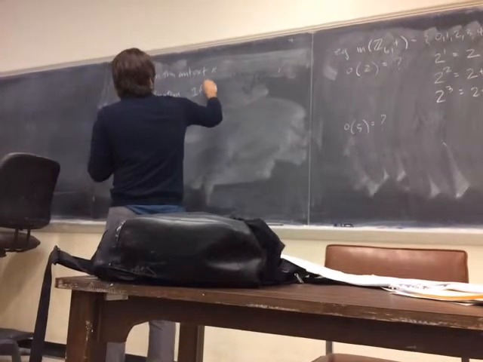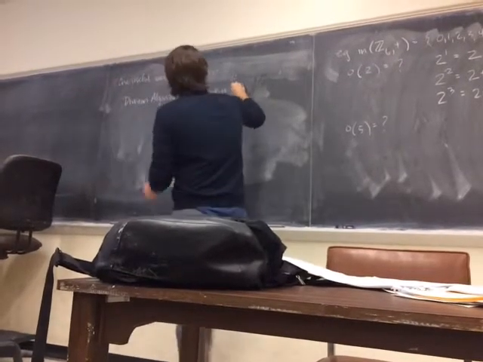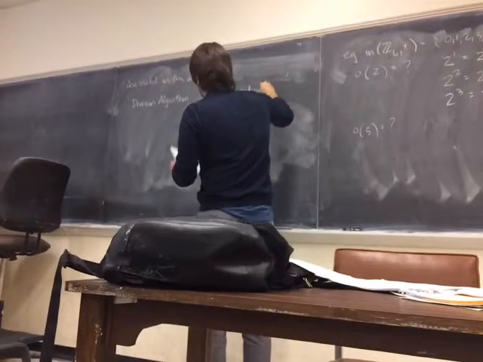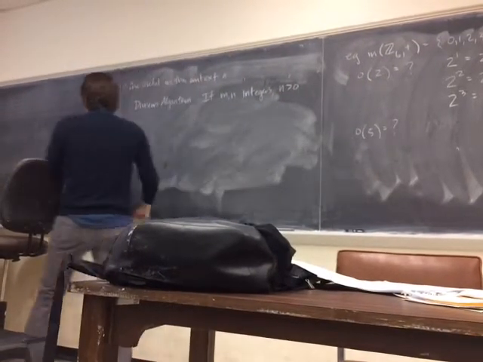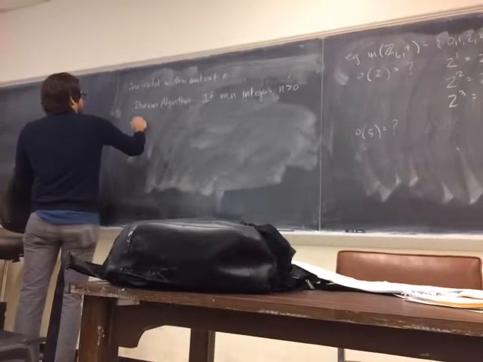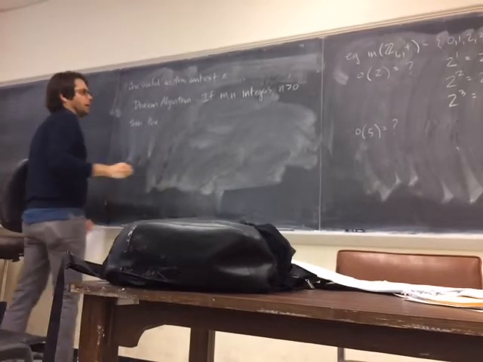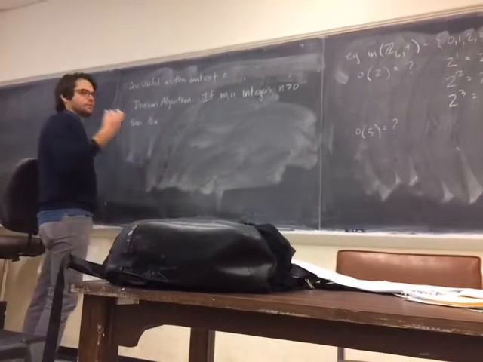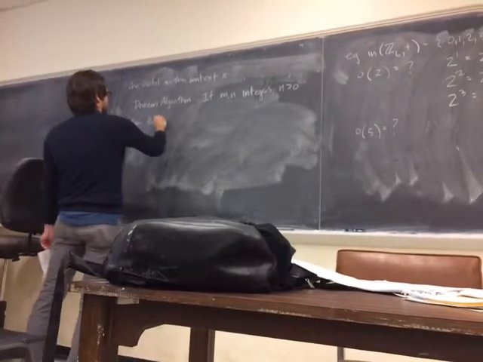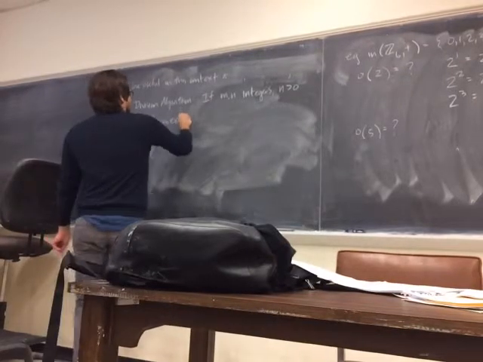So if M and N are integers, and let's take N to be positive, I don't want to divide by 0, then there exists a unique, I can divide M by N, and I have a quotient and a remainder.